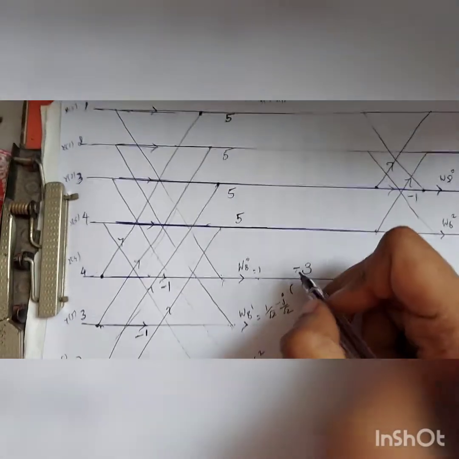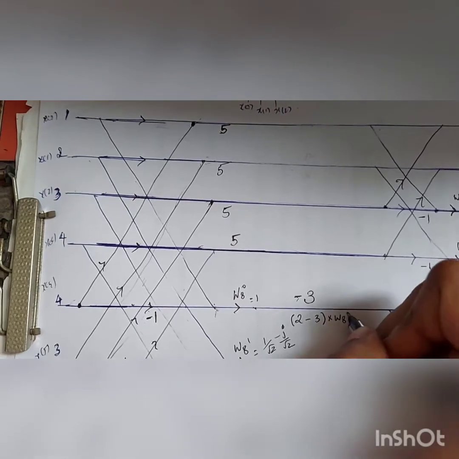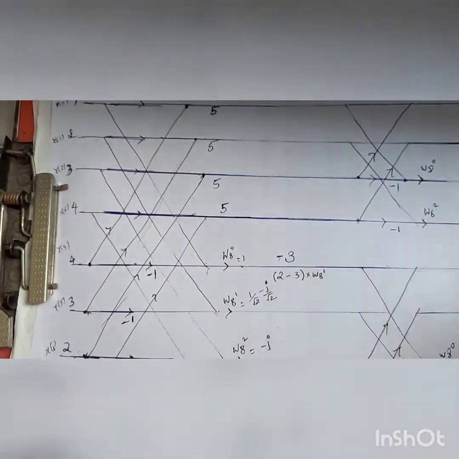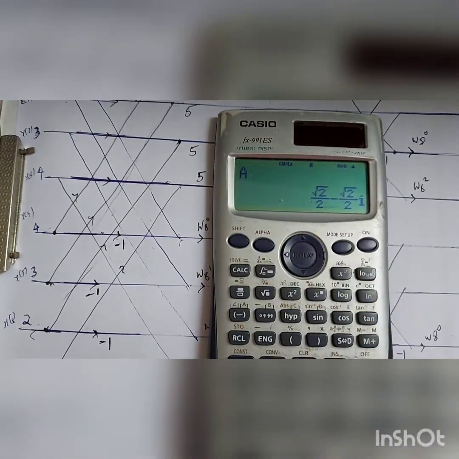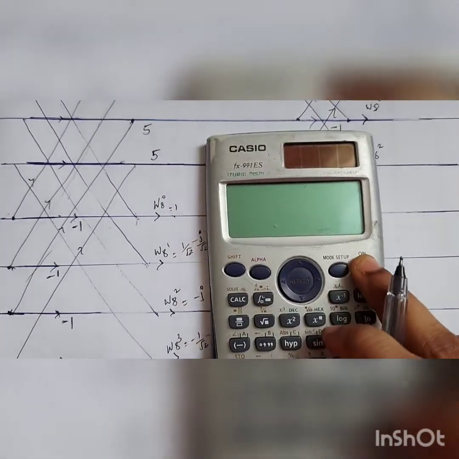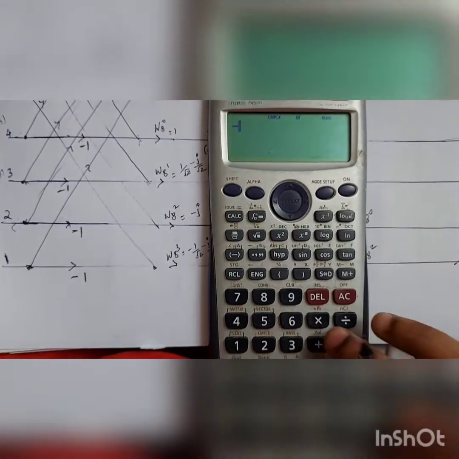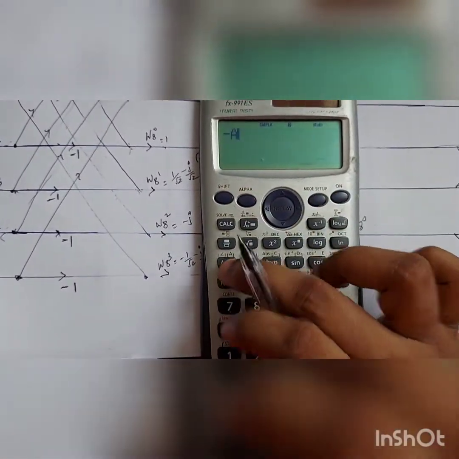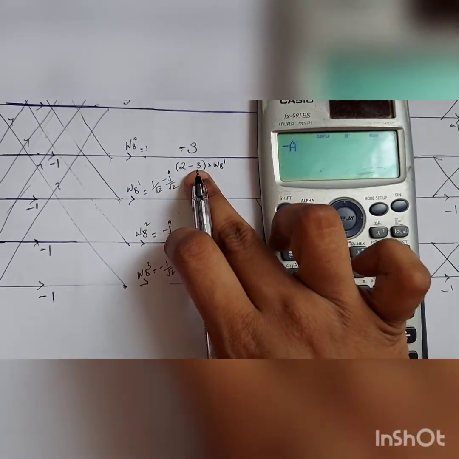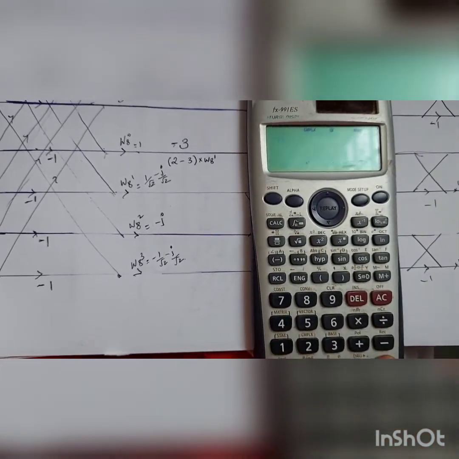So it is 2 minus 3 minus 1 into W8 bar 1. This is what we are calculating. You know 2 minus 3 is minus 1, so what you want is minus alpha A. Minus 1 into A, that is what you want. Minus 3 is minus 1 into W8 bar 1 is there in A. So what is the answer for that?